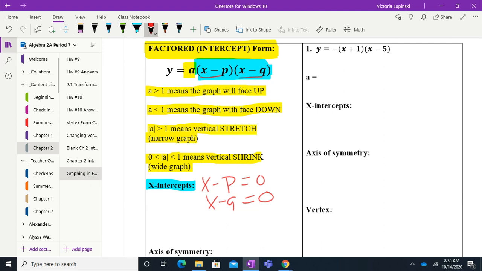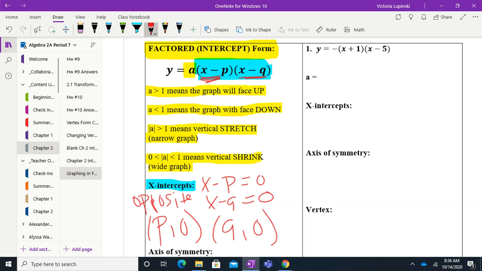If you go ahead and solve each of these equations, you're going to get x equals p, which means that one of the x-intercepts is going to be the point p comma 0, and the other x-intercept is going to be the point q comma 0. Just so you are aware, these values are always going to be the opposite of what they are in the parentheses, which means if there's subtraction in the factor, you're going to get a positive answer.